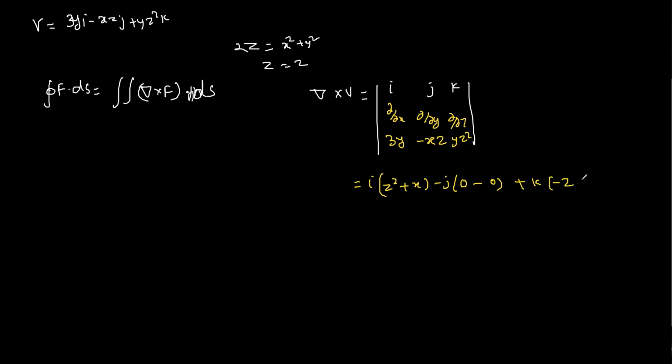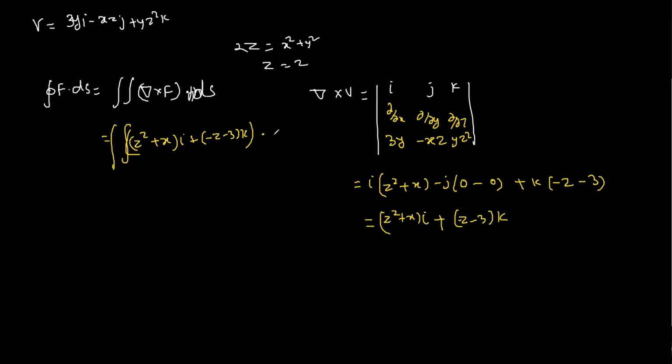With respect to x, minus z, minus 3. Okay. So you got (z square plus x) i, minus z j, minus 3k, dot product with n dS. Right?